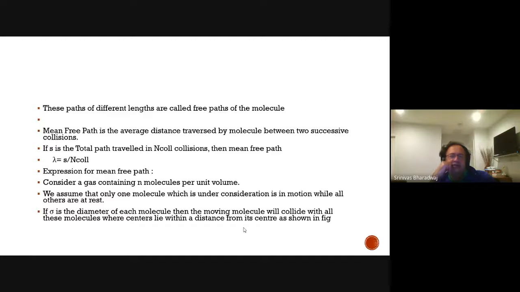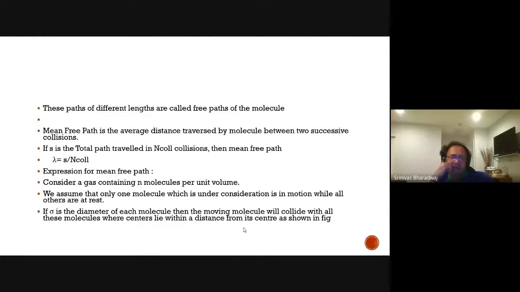If S is the total path traveled in n collisions, the mean free path is S over n. Total path divided by the number of collisions will give you the mean free path.